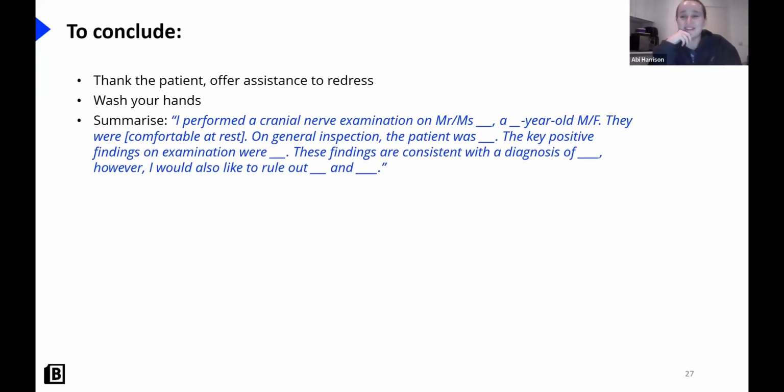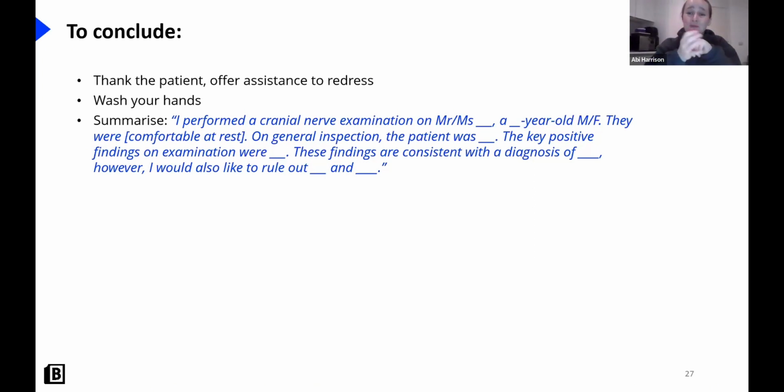You then summarise, which I think is often the most dreaded part of an OSCE station for a lot of people. The way I used to do it was I'd run through the whole examination in my head and list the positive and negative findings.